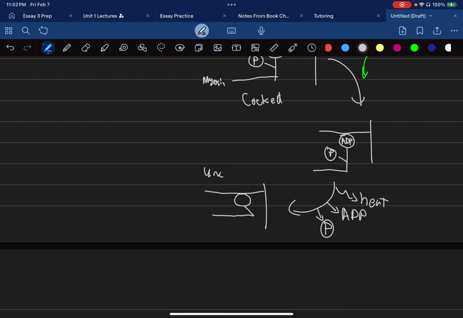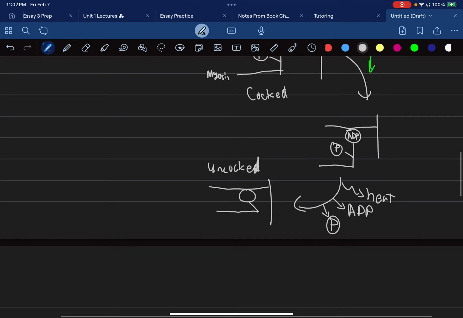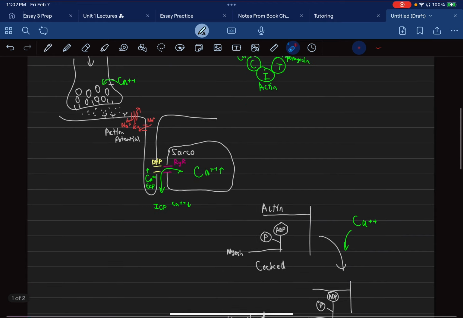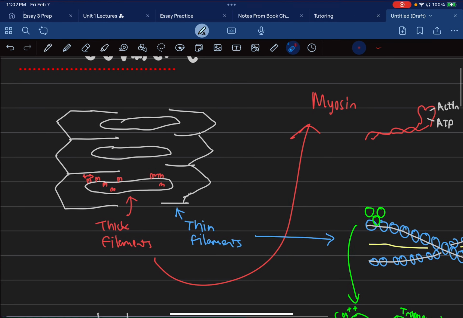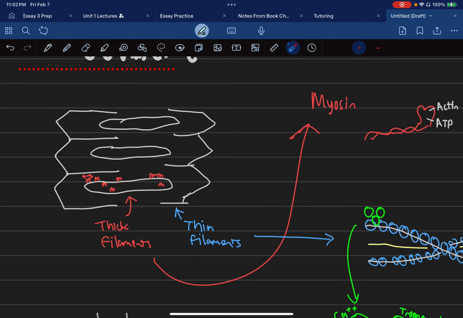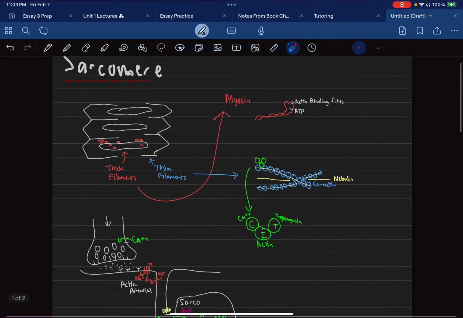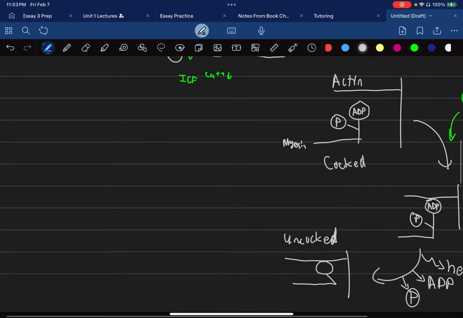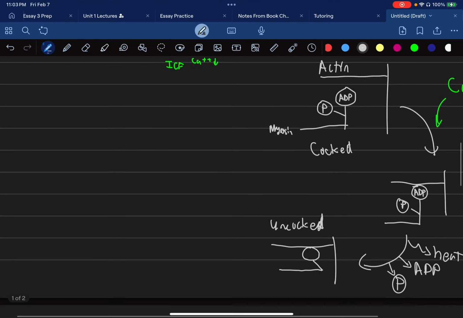So we call this uncocked. And when that power surge happens, this is going to be pulling the edge of the sarcomere closer to the center of the sarcomere. So these edges on the left and right are going to be pulled towards the middle, and that's what a muscle contraction is. So when that happens, we have a muscle contraction.